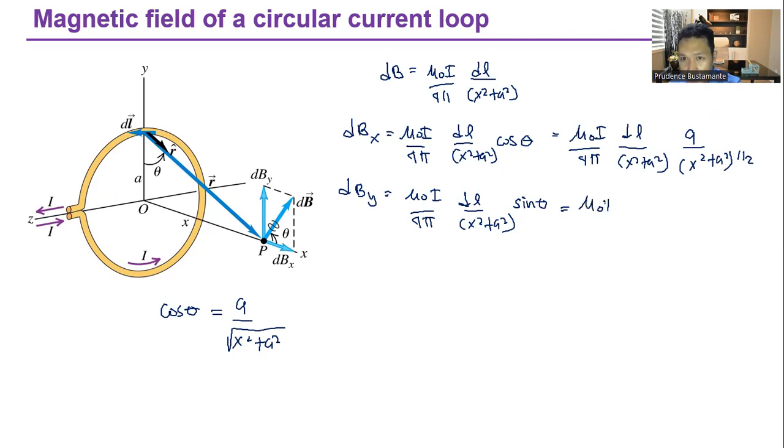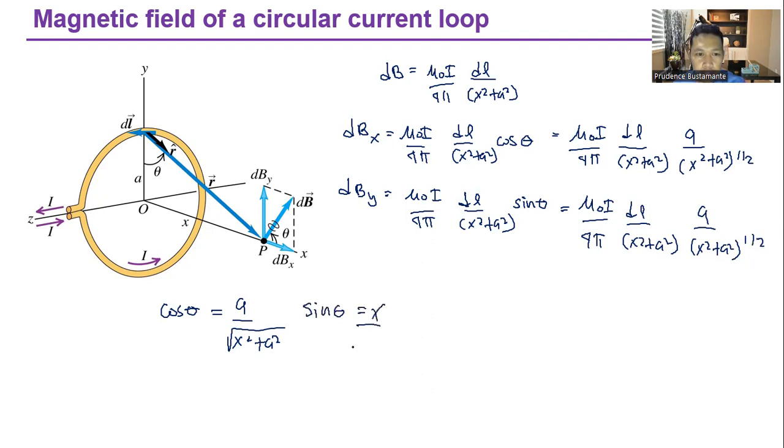And sine of theta is equal to x over the square root of x squared plus a squared.